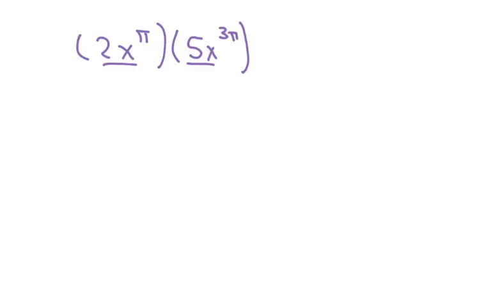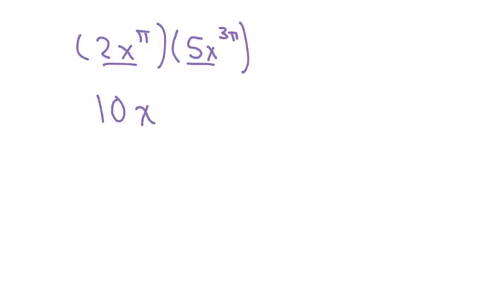Now in the last one, we have 2x to the pi power times 5x to the 3 pi. Now in this case, we can just multiply these two, and you're going to get 10x.